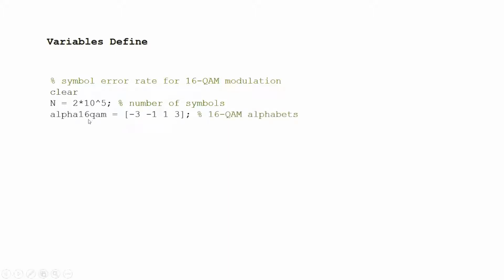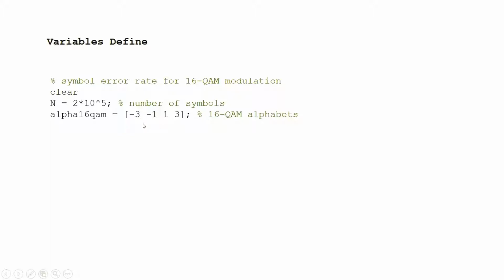The second variable we define is alpha 16 QAM, which is the alphabets. Remember, in the constellation, there are 4 alphabets we are using: -3, -1, 1, and 3. So these represent the alphabets of 16 QAM.